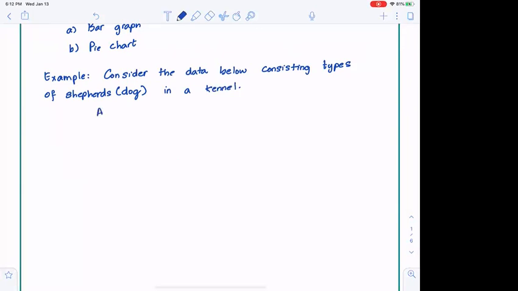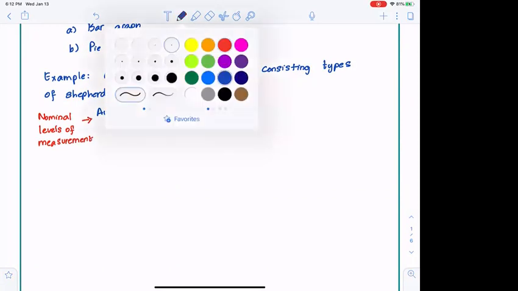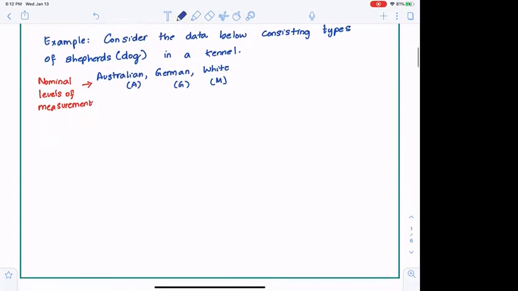And let's have Australian, German, and a pure white shepherd. And let me call them A, G, and M. So these are simply nominal levels of measurement. And this is the data that we have.